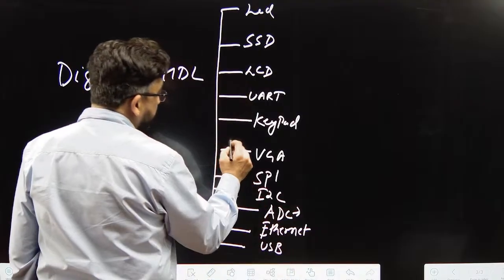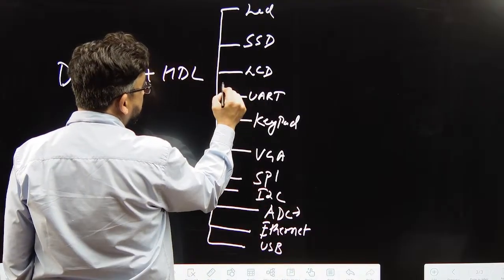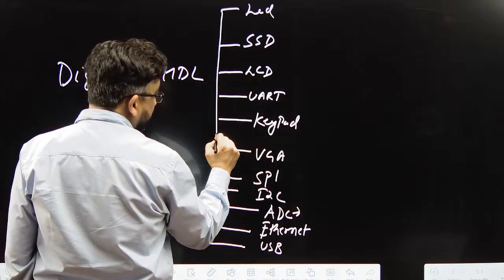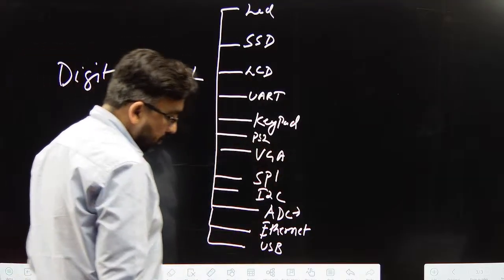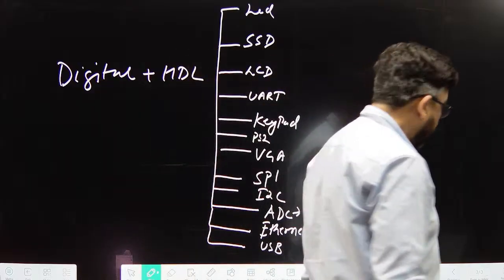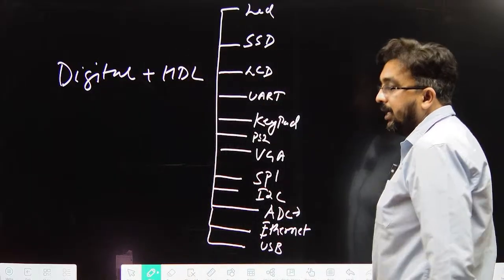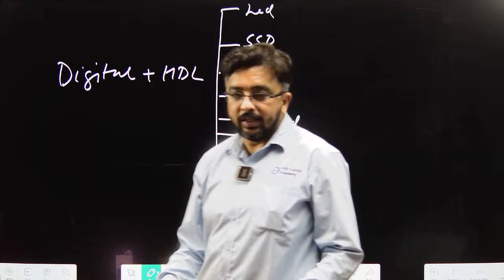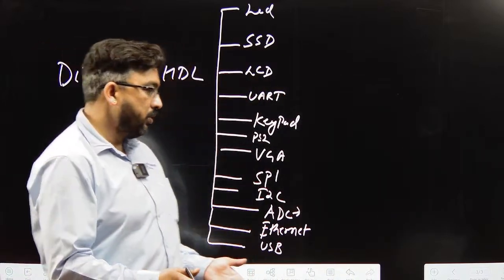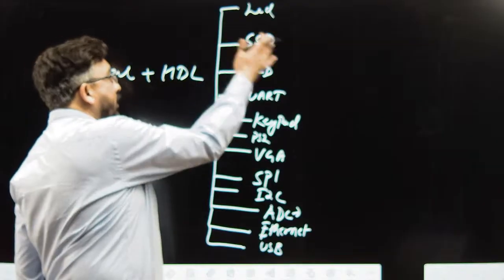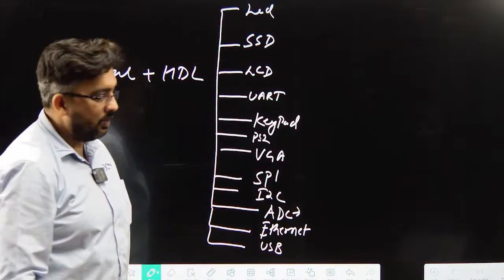And one I missed here, basically between keypad and VGA, is the PS2 port. So guys, if you really have an interest to make a career on FPGAs, you design all these things on FPGA.